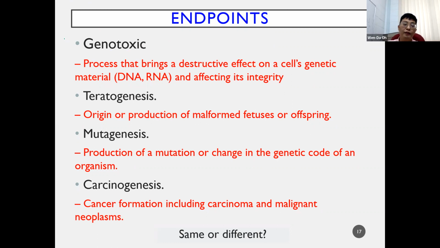we have genotoxic. Genotoxic means that that particular toxicant can affect the DNA. It can alter the DNA to some extent. You have to remember that altering the DNA itself is a very general thing. You can alter it, and then after that, that cell is destroyed by the body.